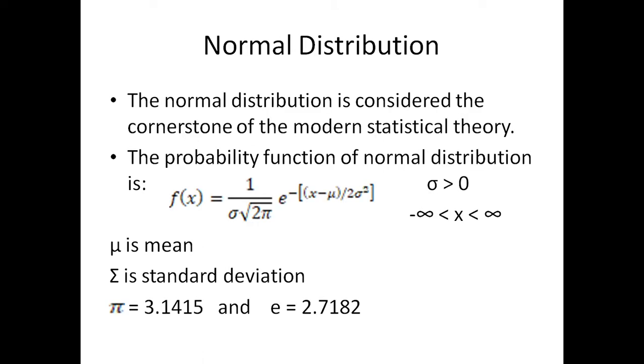There are many continuous probability distributions, but in your course we'll just discuss the normal distribution, which is a very important distribution. The normal distribution is considered the cornerstone of modern statistical theory.